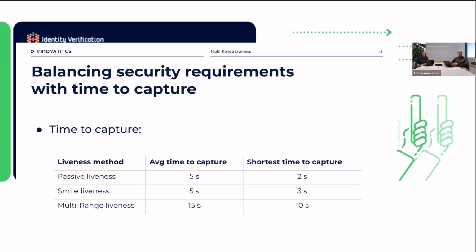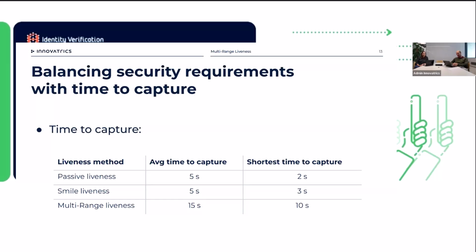Just our statistics here, taken on a wide range of data collected in our analytics, we see that with passive liveness and smile liveness, the average time to capture is 5 seconds in both cases. With the small set of tests we have done with the multi-range liveness, we've seen that the average time to capture is 15 seconds, and that's understandable because the same task is repeated multiple times.